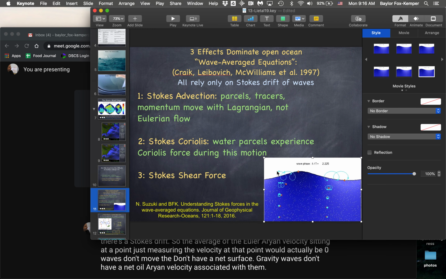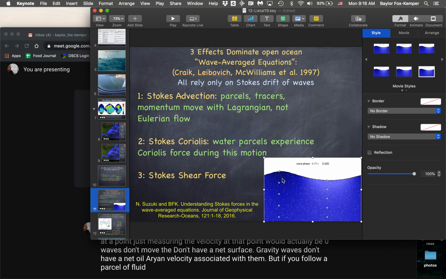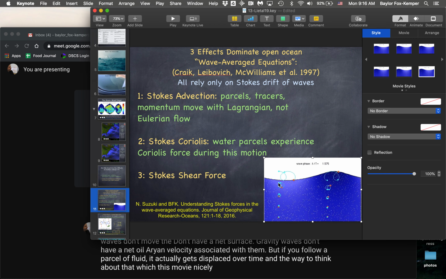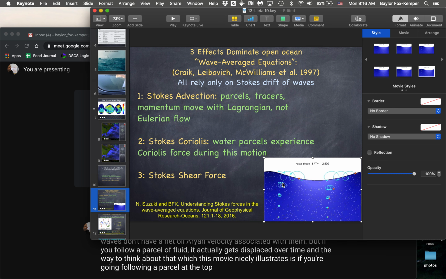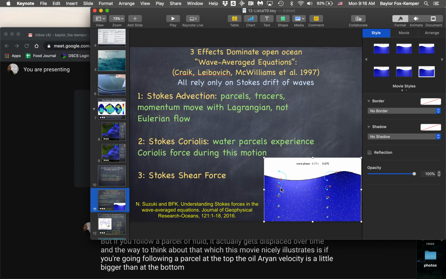But if you follow a parcel of fluid, it actually gets displaced over time. The way to think about that, which this movie nicely illustrates, is that if you're following a parcel, at the top the velocity is a little bigger than at the bottom of these loops.